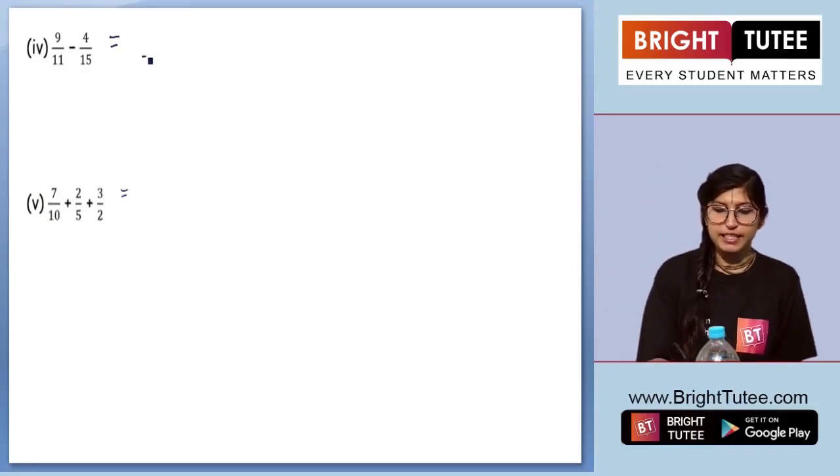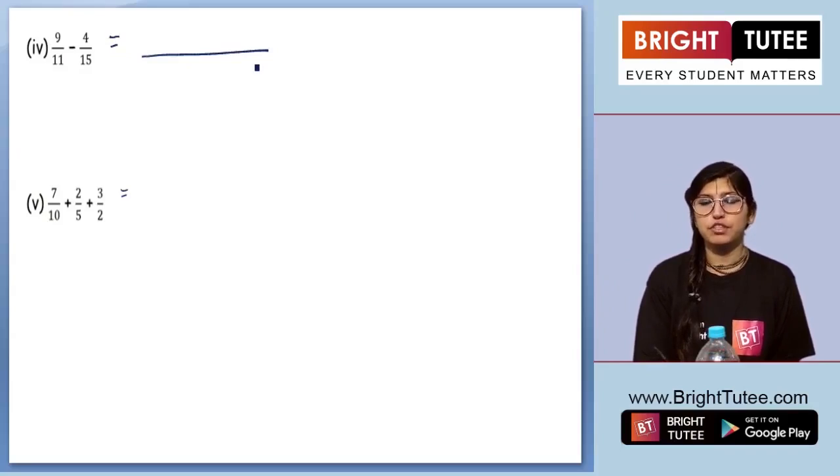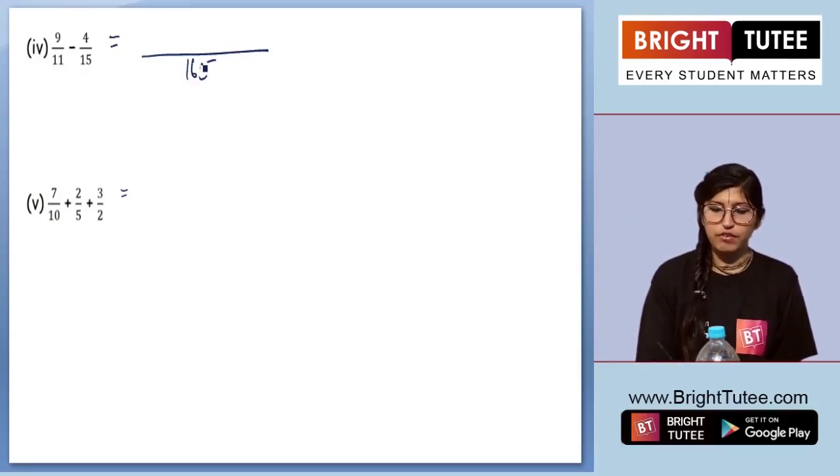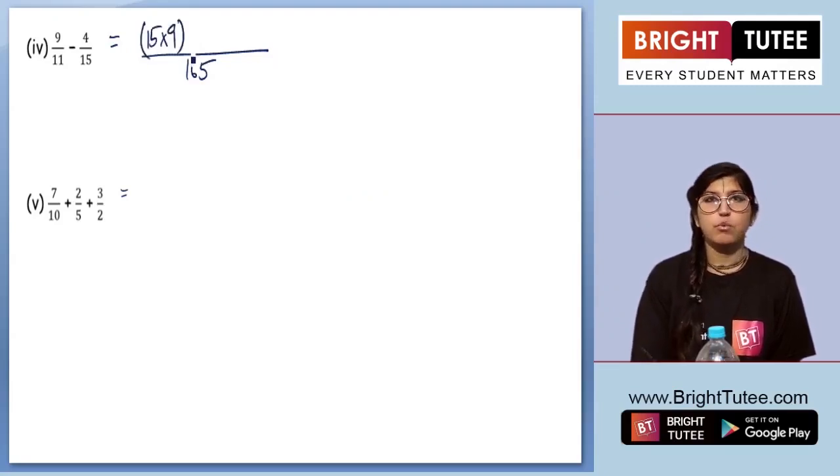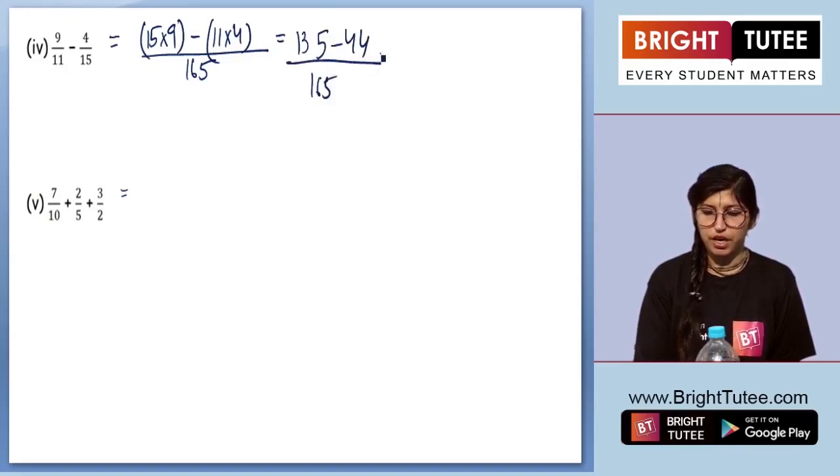We'll be taking the LCM of 11 and 15, and we'll be getting 165. So 11 times 15 will be 165. So we'll multiply it by 9. And over here, that will be 11 times 4. Now 15 times 9 is 135 minus 44 upon 165.